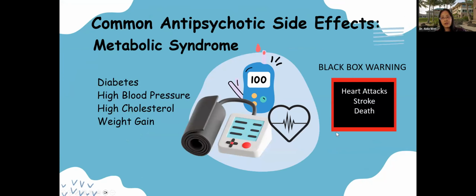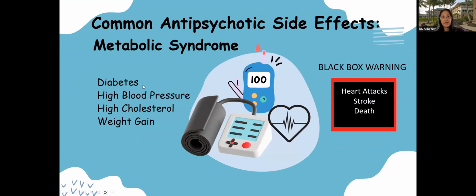The problem is there's no free ride. There are lots of side effects associated with it. So some common antipsychotic side effects that we need to look out for: something called metabolic syndrome, which we see in people on antipsychotics for a long time. So what happens? You might see the development of diabetes.